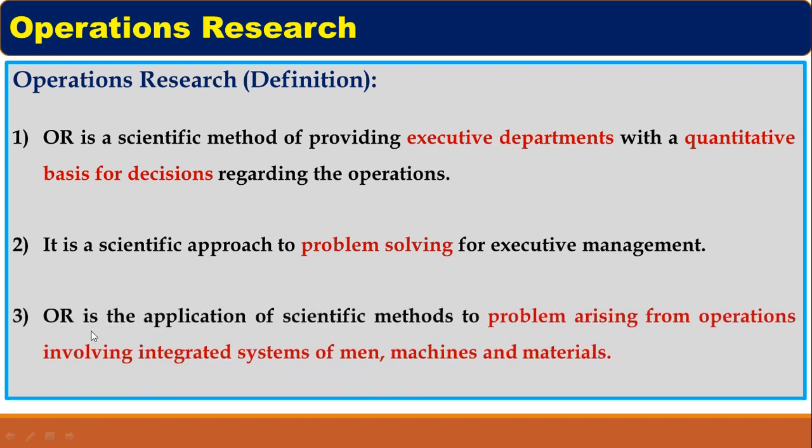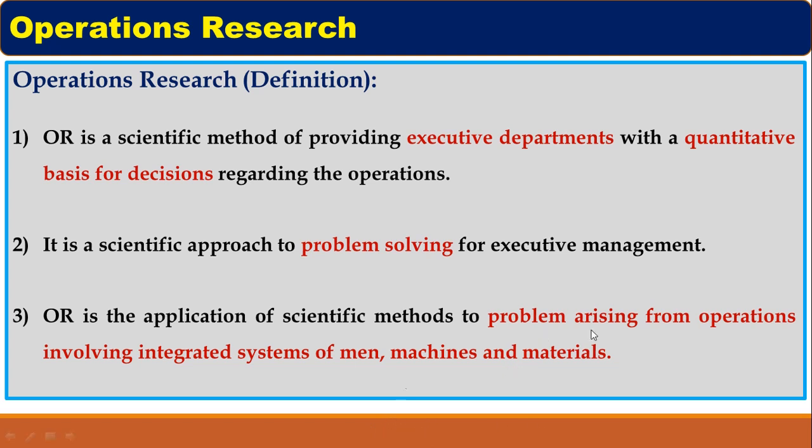Now the third definition is: OR is the application of scientific methods to problems arising from operations involving an integrated system of man, machine, and materials. We know that during an operation we require manpower, machines, and raw materials.